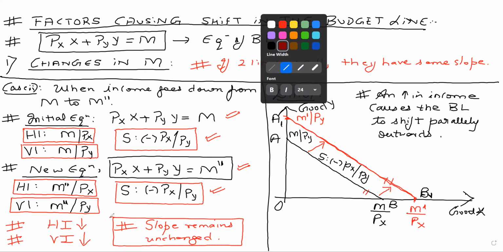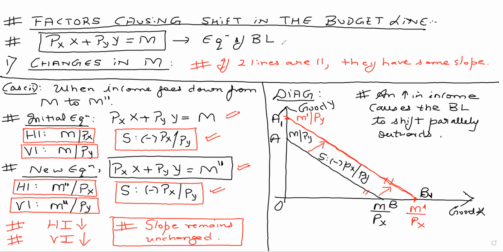So if I work out the budget line, horizontal intercept has gone down from M by Px to M double dash by Px. Vertical intercept has also gone down from M by Py to M double dash by Py, but slope is the same.